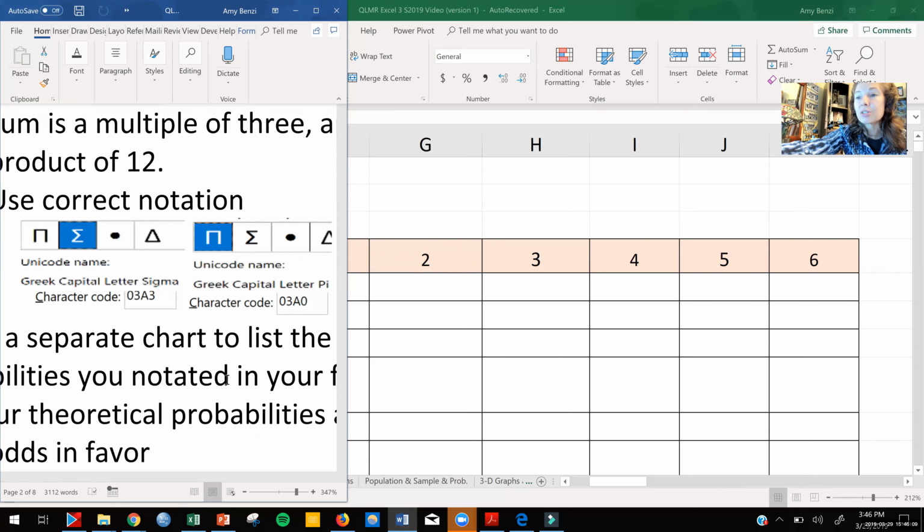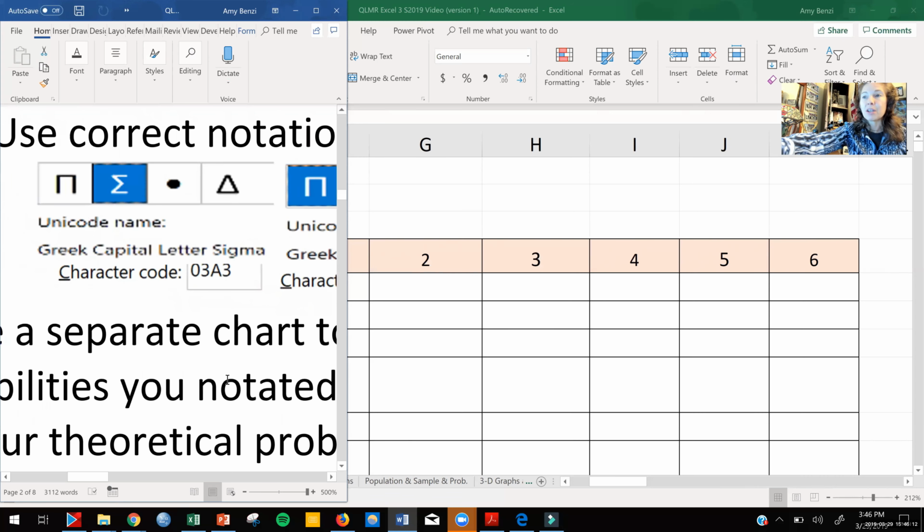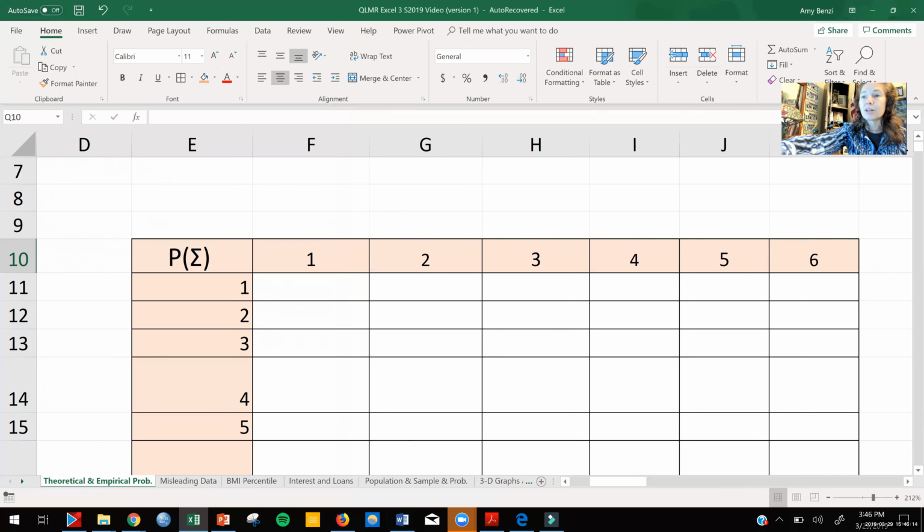The character codes actually have number values. So when you are inserting your mathematical notation, you are going to go to Insert, then Symbols on the far right-hand side. You go to Symbol, and then right down here under character code, you can actually just type in the code.